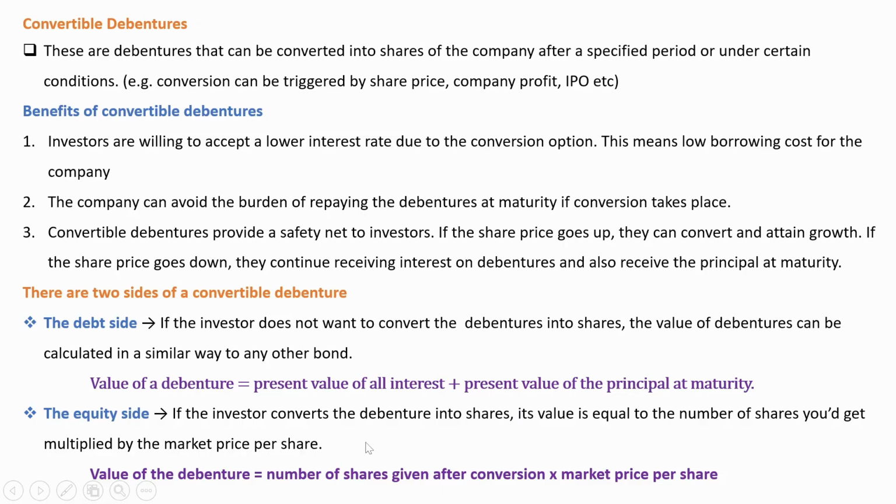So this is the equity side, that is when investors convert the debentures into shares. So how do we find the value of the debenture? It will be given by the number of shares given after conversion multiplied by price per share. So those are the two sides of a debenture. So we are going to be looking at them in details later.